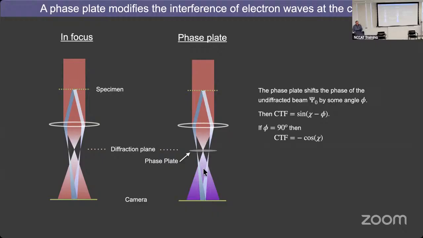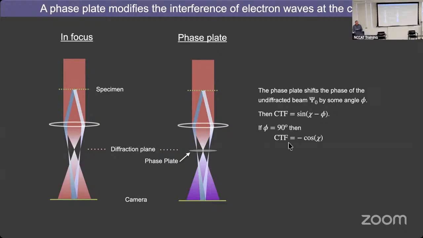So here what I've done is I've changed the real valued wave function, the red here, into an imaginary valued wave function by doing a 90-degree phase shift in the phase plate. And so now we have the imaginary valued diffracted waves interfering with the imaginary valued undiffracted wave, and that gives us contrast all the time.